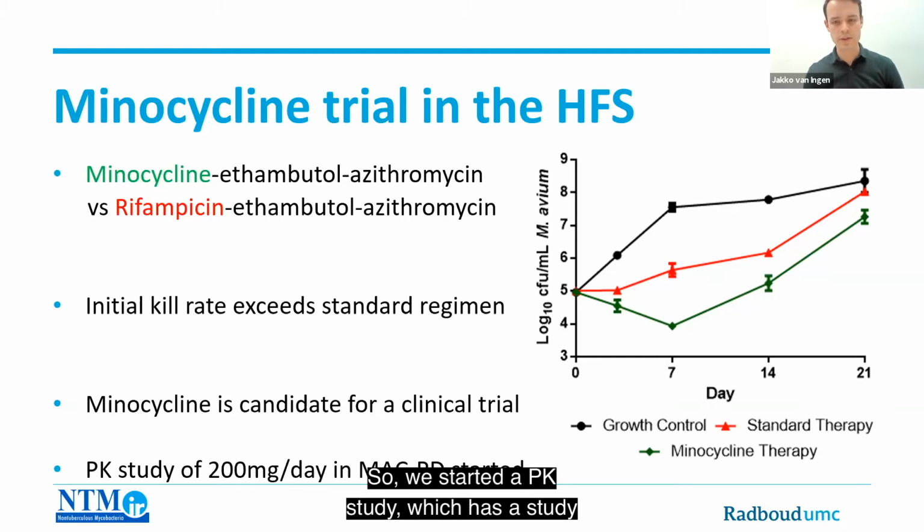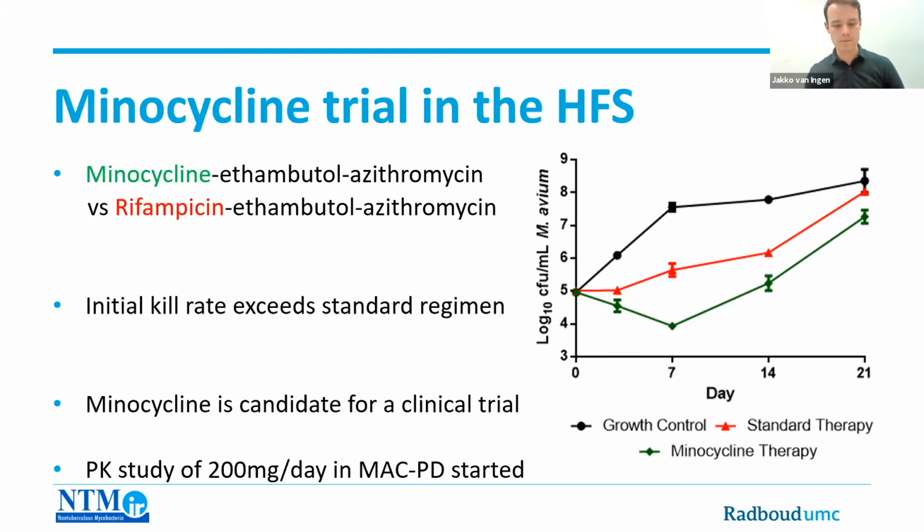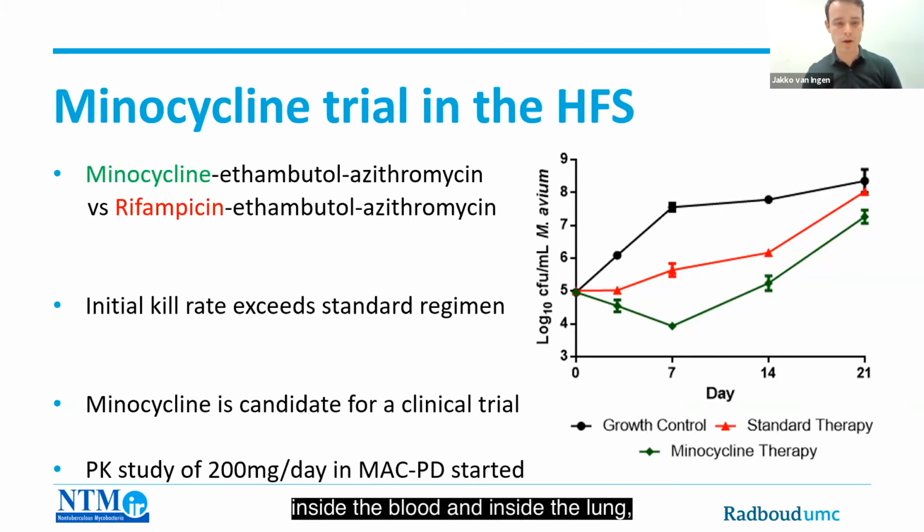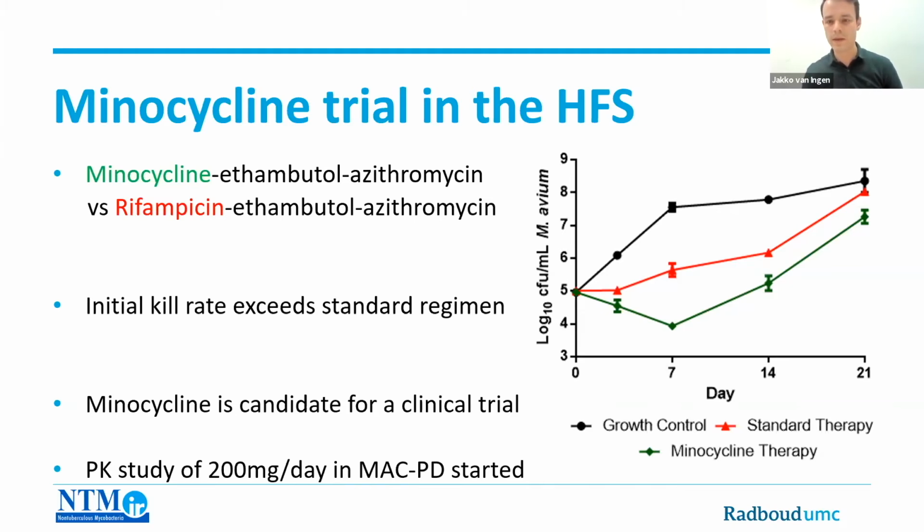So we started a PK study, which is a study focused on determining the antibiotic concentrations inside the blood and inside the lung. And if we know these concentrations, we can also simulate this back into our hollow fiber infection model.